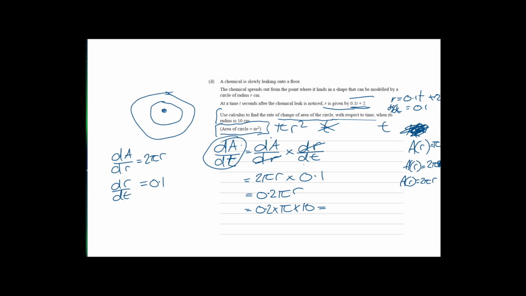So 0.2 times 10 is 2, which is 2 pi, which is approximately 6.28. Centimeters per second.